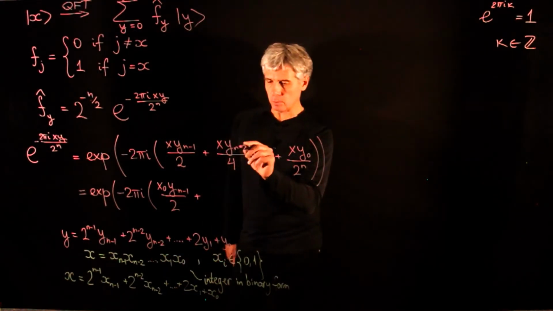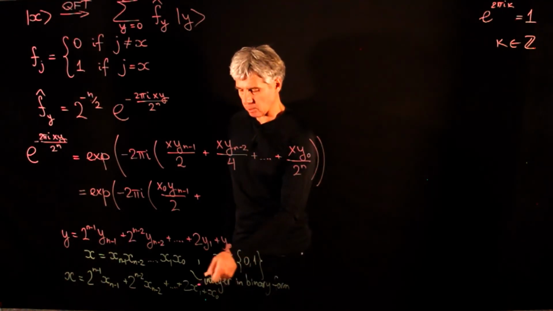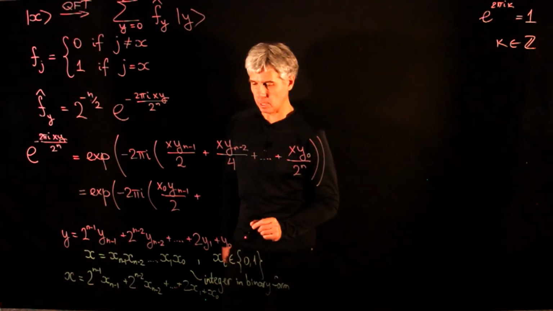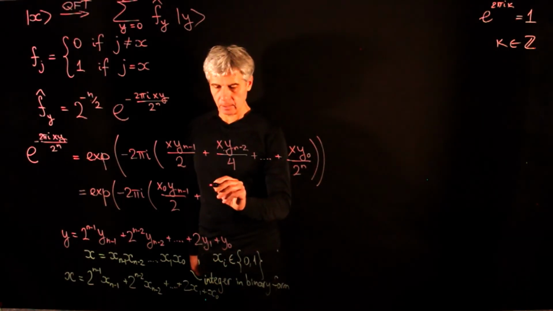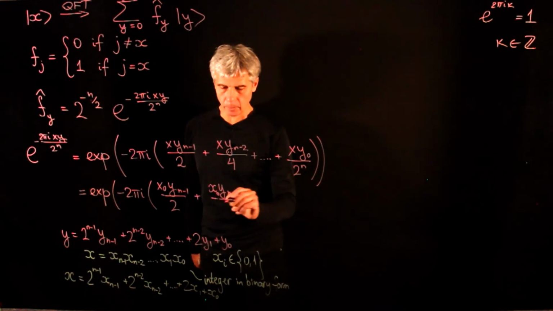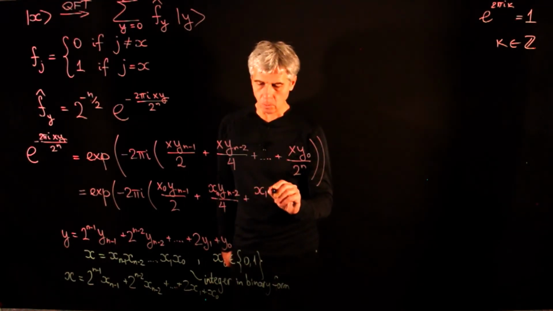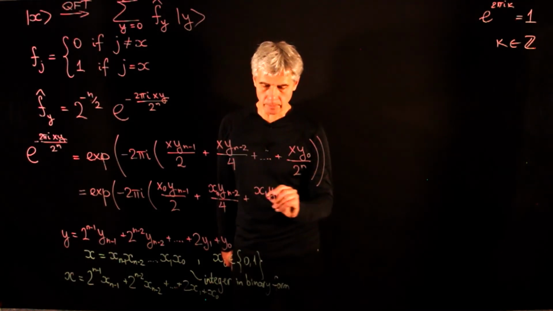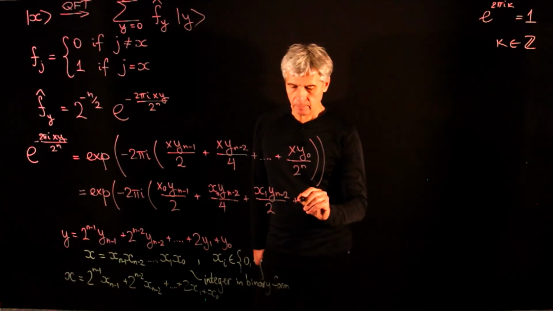In the second term, we have division by 4, so only x_0 and x_1 will contribute. We're going to get x_0 y_(n-2) over 4 plus x_1 y_(n-2) over 2. And so on.